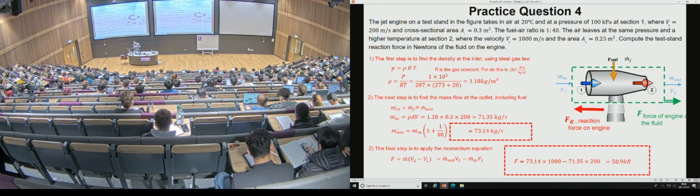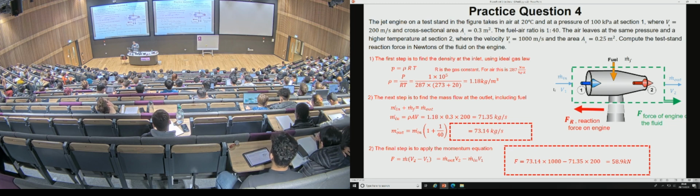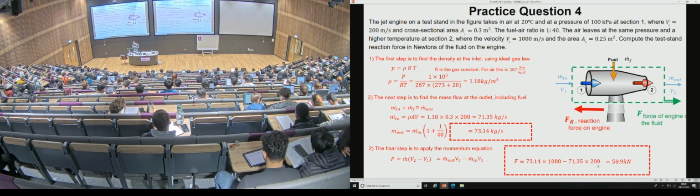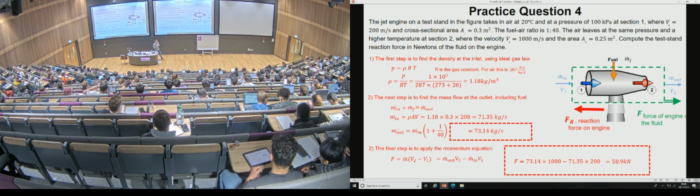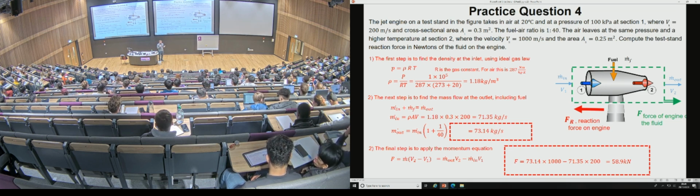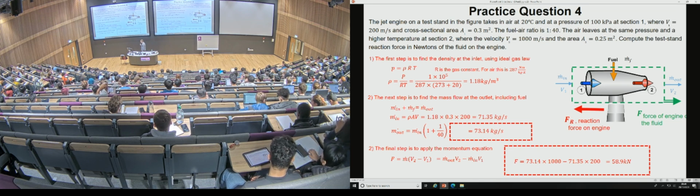So the mass flow rate out, 73.14, times the velocity out, 1,000, minus the mass flow rate in, 71, times 200, the velocity in, is equal to this force. Note that we've had to calculate this additional mass flow from the fuel, and that's the key here. We've still treated it like a 1D equation, even though there's this additional term.